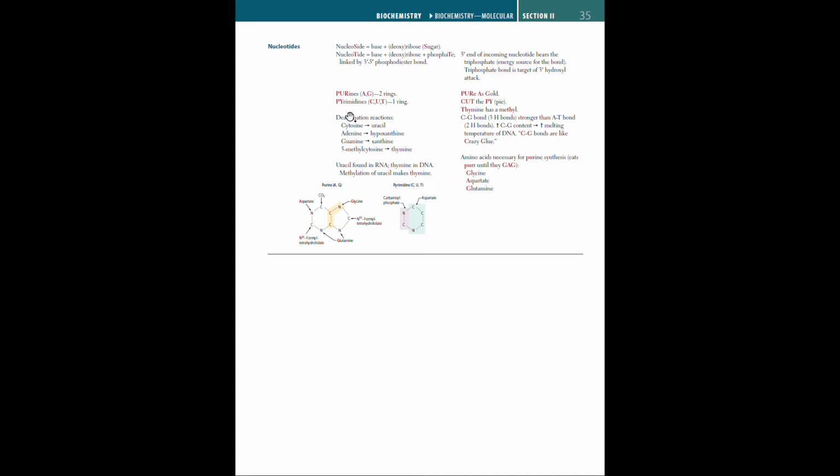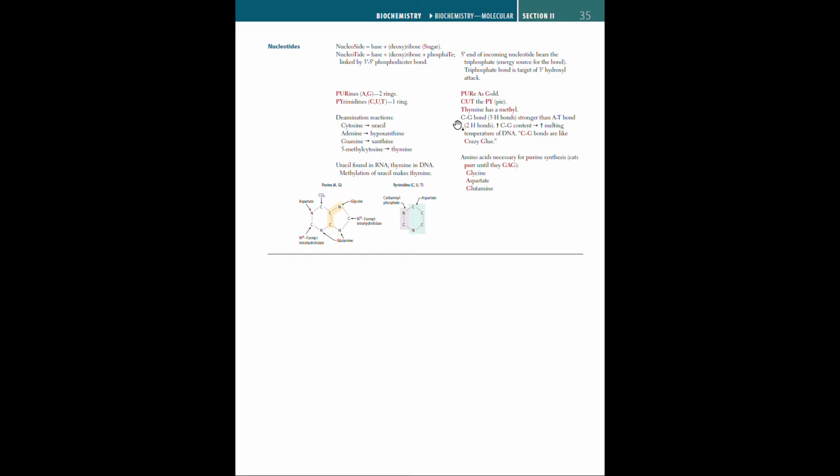And pyrimidines are three types, CUT, that is cytosine, uracil, and thymine.